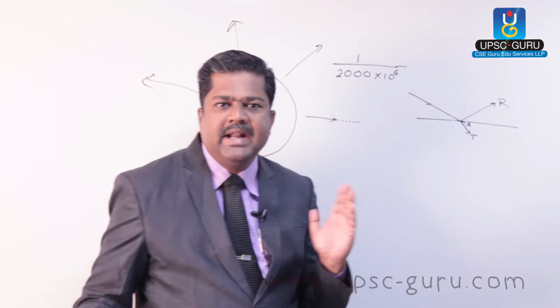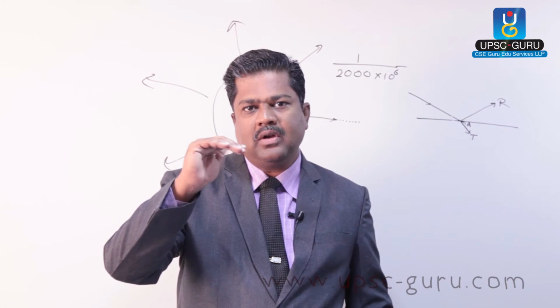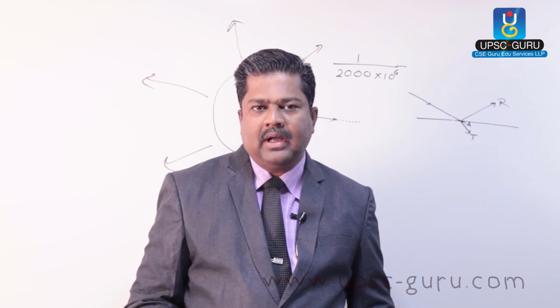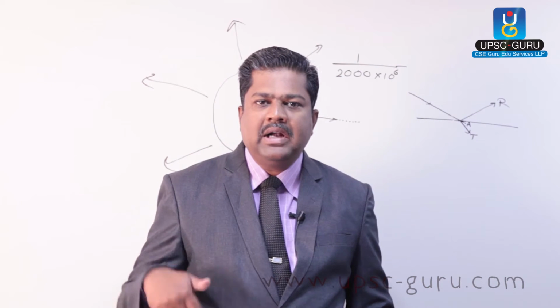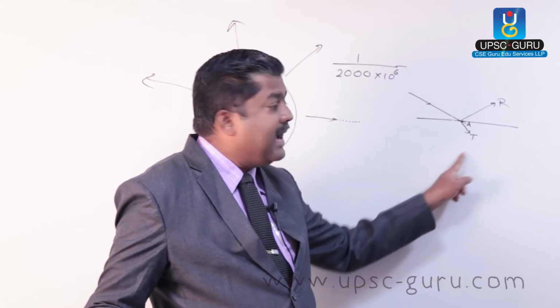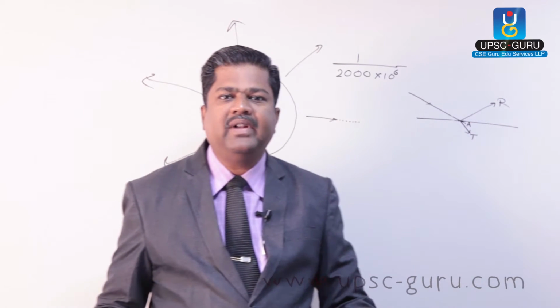Now can radiation be transmitted through rock? Answer is, if you are considering layers of rock, then in the upper layer it is transmitted. Every layer is dense, it is absorbing light, and so ultimately whatever is transmitted is also absorbed. So I should say that maximum radiations are absorbed and very less radiations are reflected back.